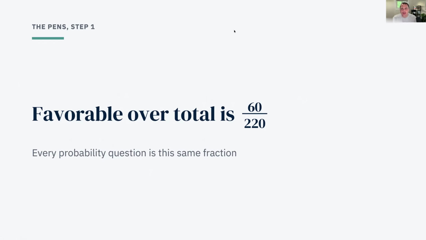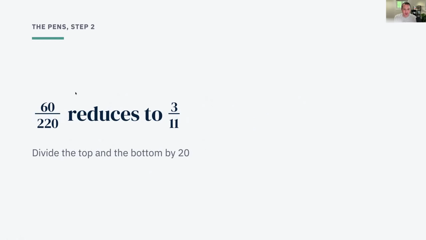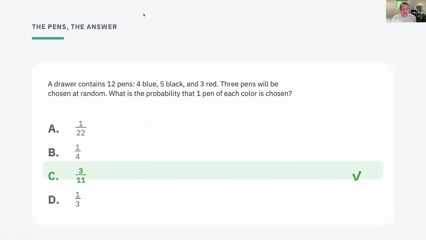The other way that I could express this, I talked about the dash method as an explanation, but you could also derive 60 by going to the number of pens of each color. Let's go back to the question. I just want to show another way to show this. Here, we'll just go to the answer. It's going to reduce to 3/11ths. But another way that you could derive the top portion is by simply saying, okay, you have 4, that's blue, choose 1. 5, choose 1. And then 3, choose 1.